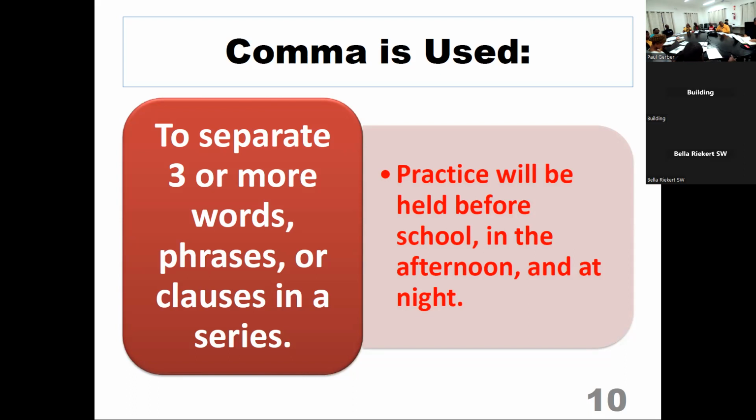I don't remember this at school, that you have a comma ending "and at night." Oh, okay. Yes, I know what you're talking about, but you should not add the comma after "afternoon." Is that what you're saying?